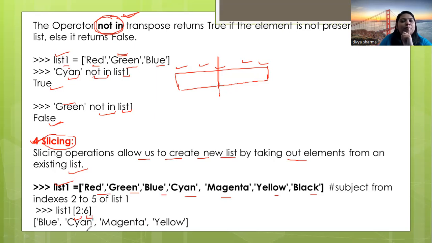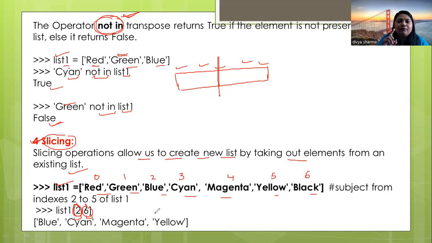You have to keep in mind always one thing, that here 2 is the lower bound and 6 is the upper bound. And these are the index values. As we know, when we assign the index values, it always starts from 0: 0, 1, 2, 3, 4, 5, 6.